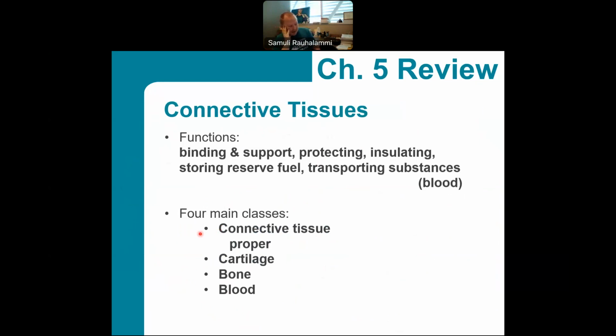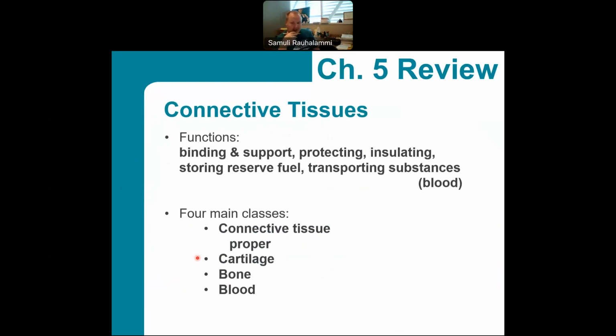And these include special groups of connective tissues, such as loose connective tissue or dense connective tissue.